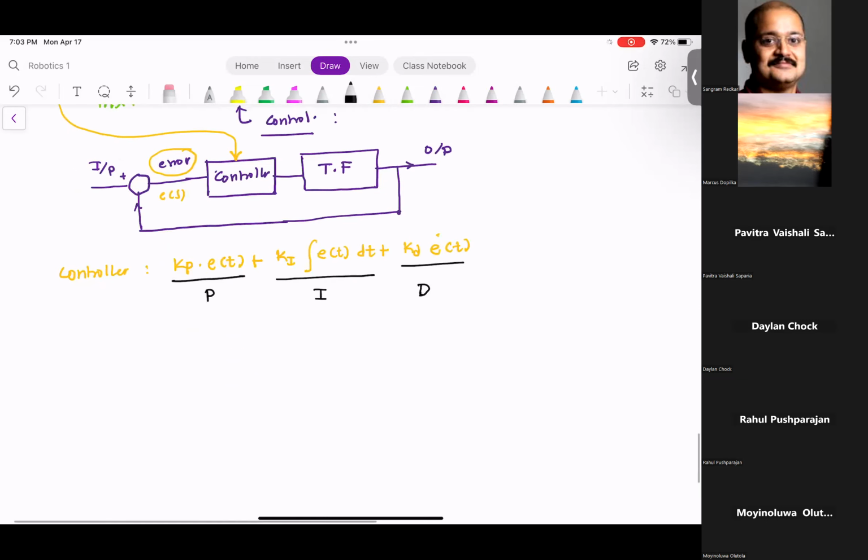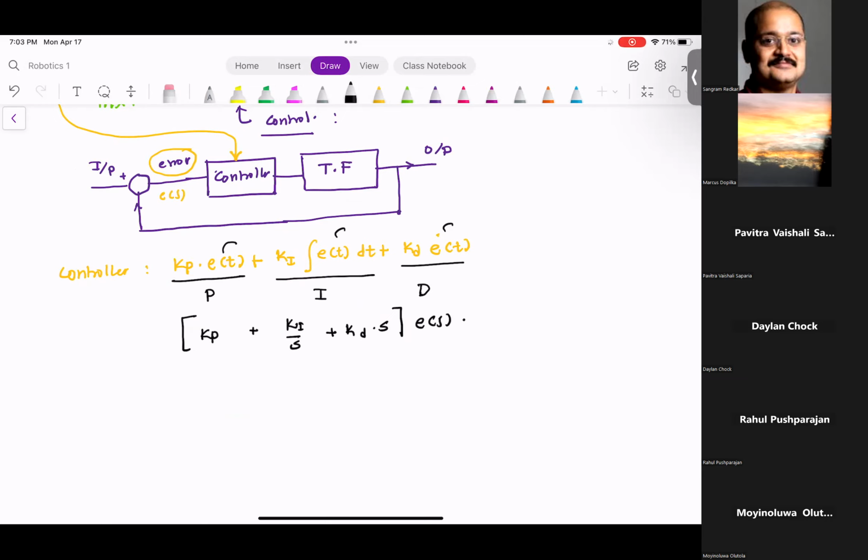If we want to express this PID control in terms of transfer function, this will become Kp plus the integral term Ki by s plus Kd times s, multiplied by, as you can see, e of t will come common outside, E of s.